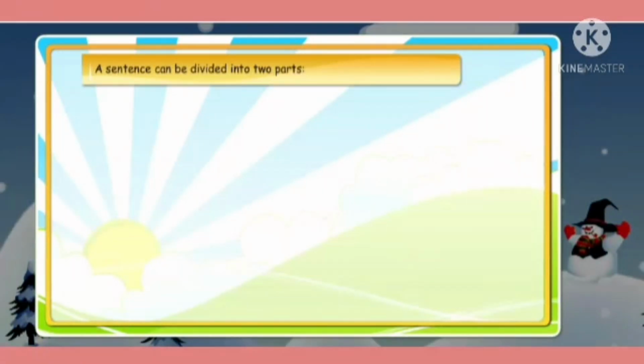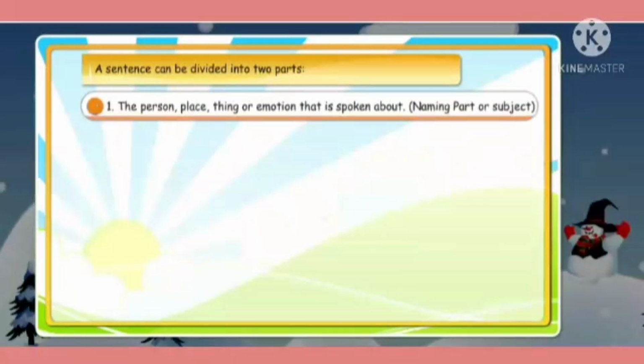Whenever we are writing down a sentence, we know that there are two parts in a sentence. First is the subject or the naming part. Second is the predicate or the doing part. Now, for the naming part or the subject, we consider the person, place, thing, or emotion that is spoken about.